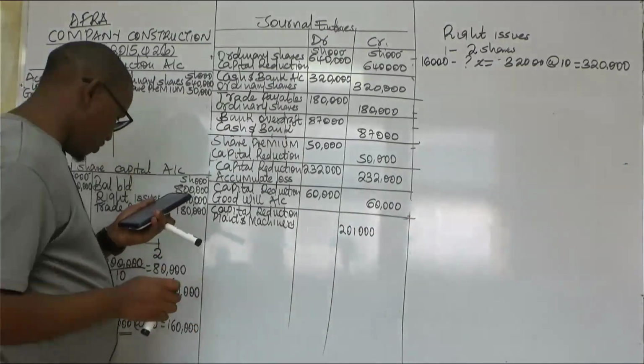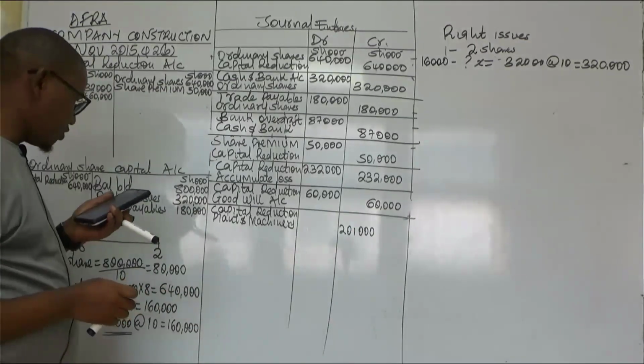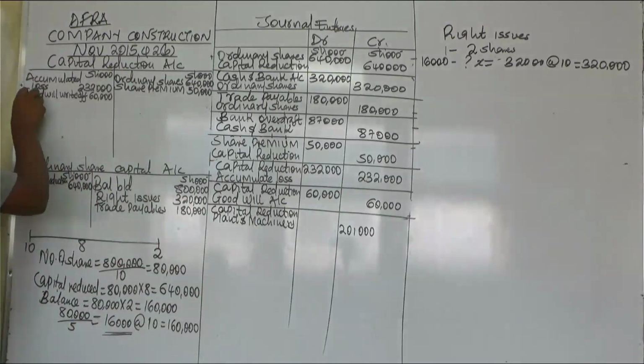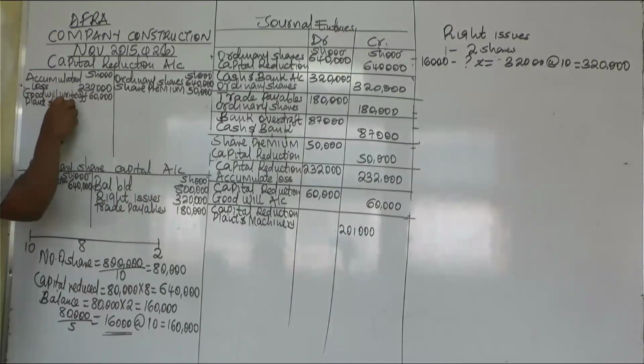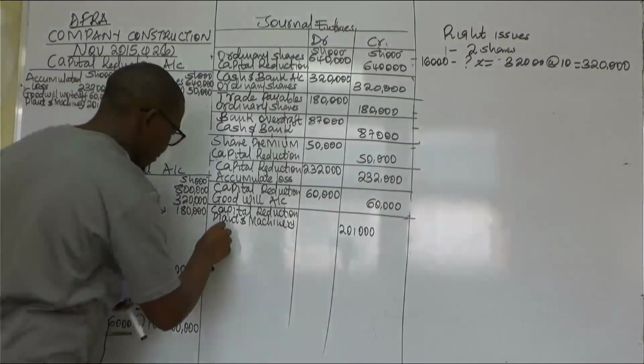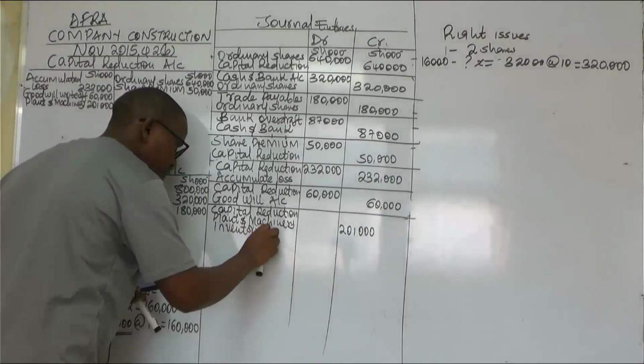Tumalizie all the assets pamoja. We also have the inventory. Was it written down? So hapa nitakuja nikuwe na plant and machinery kwanza. Plant and machinery. This is 201,000. We have also inventory was written down. Inventories, they were written down by how much?